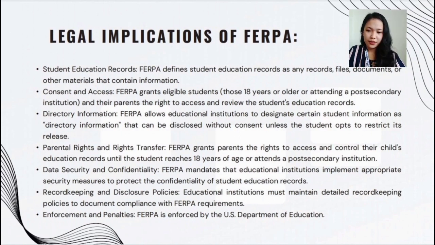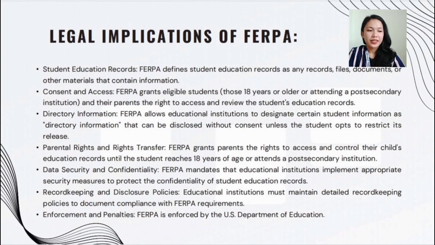Directory information includes items such as student name, address, telephone number, date of birth, and participation in activities. However, parents and eligible students have the right to opt out of the disclosure of directory information. Educational institutions must notify parents and eligible students of the directory information policies.